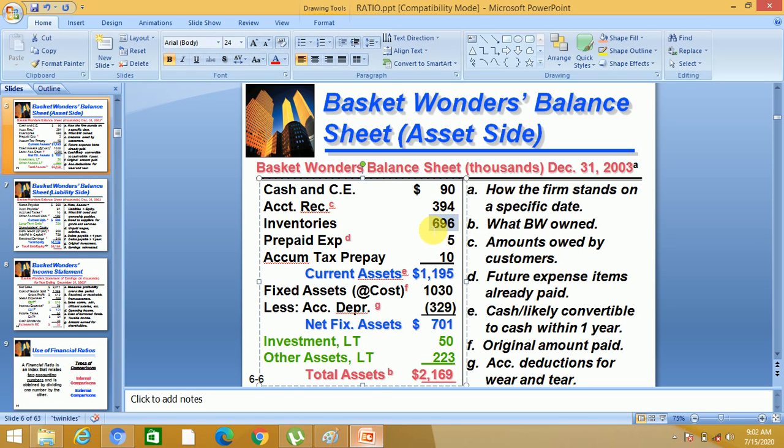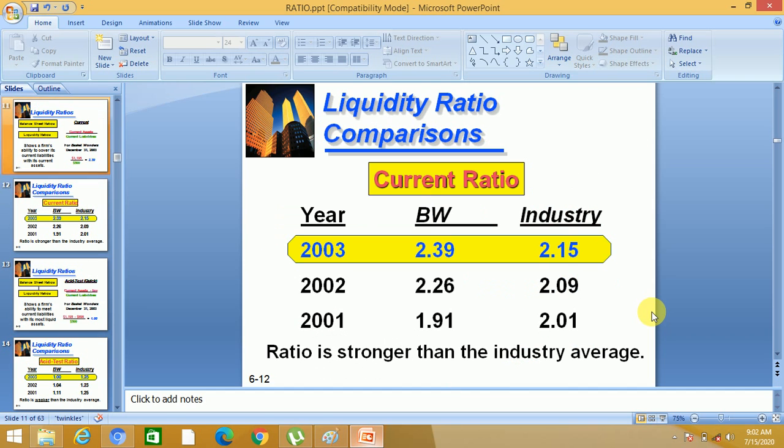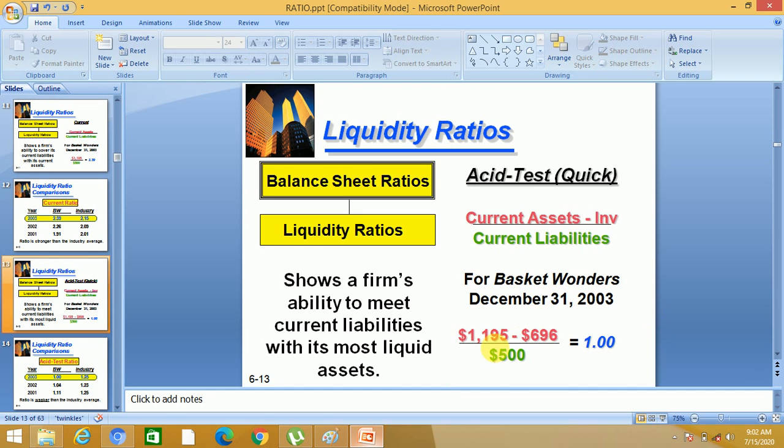This is inventory. These are current assets. Out of current assets, we deduct the inventory. And the other item is current liabilities, 500. So we took these three items: current assets minus inventory divided by current liabilities. So we got 1.